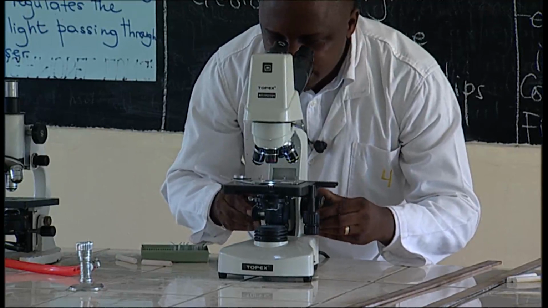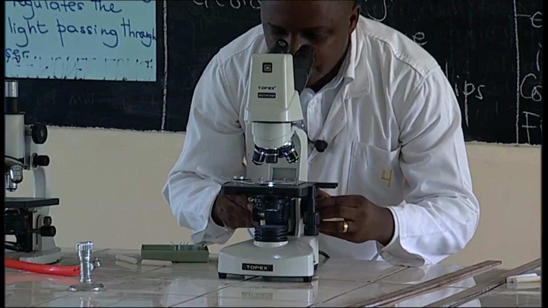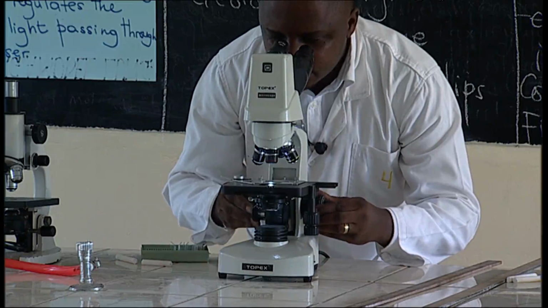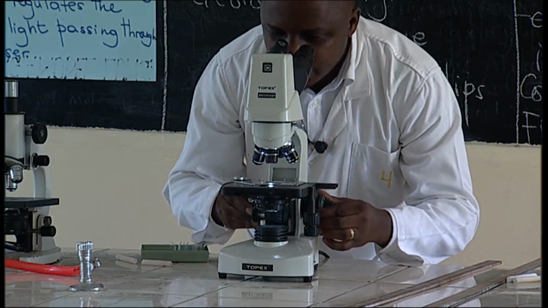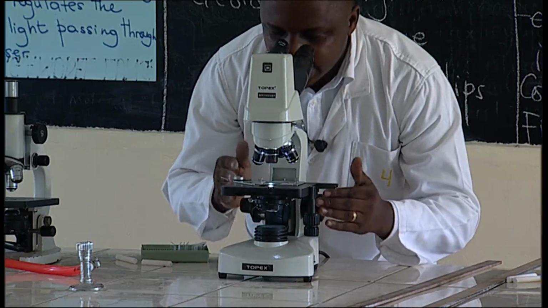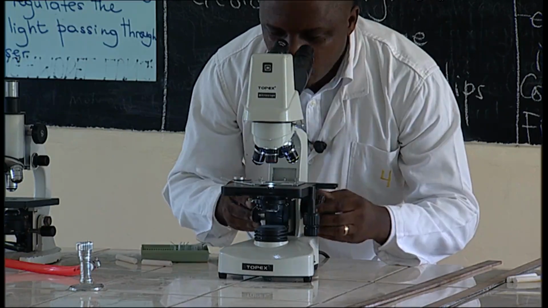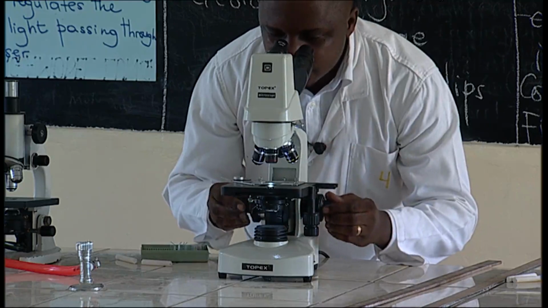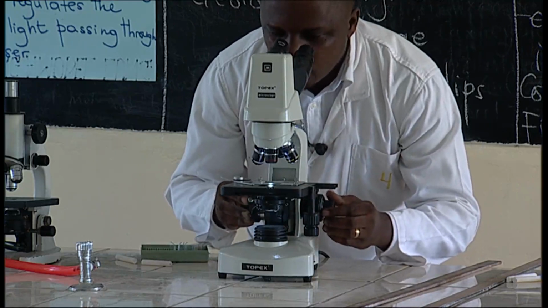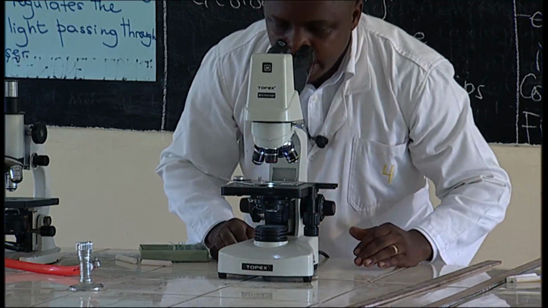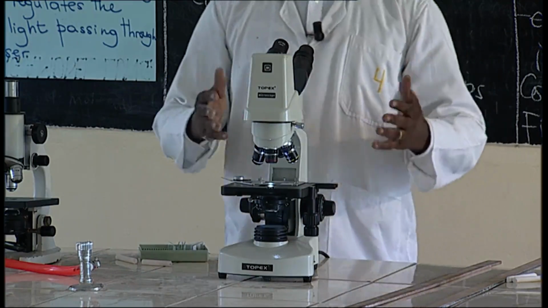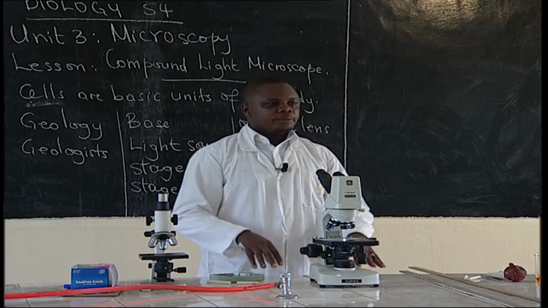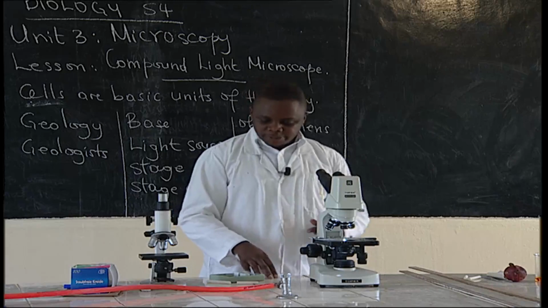I'm observing the components of a red blood cell. You can see the stage is moving up and down. I'm trying to direct the focus on the stage so that I can observe the red blood cell. This is how I observe my specimen.